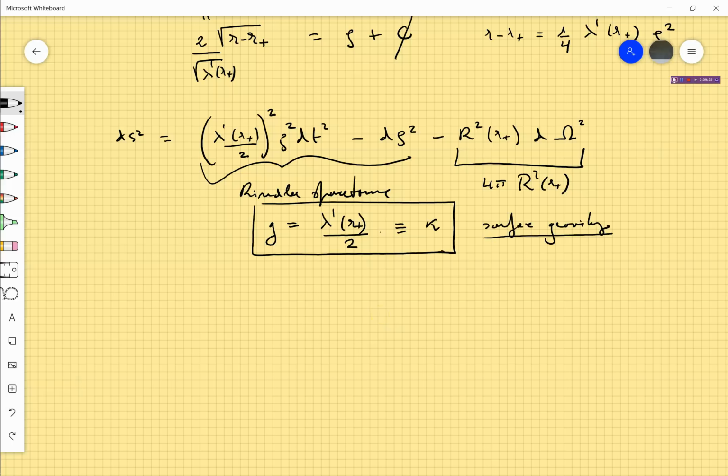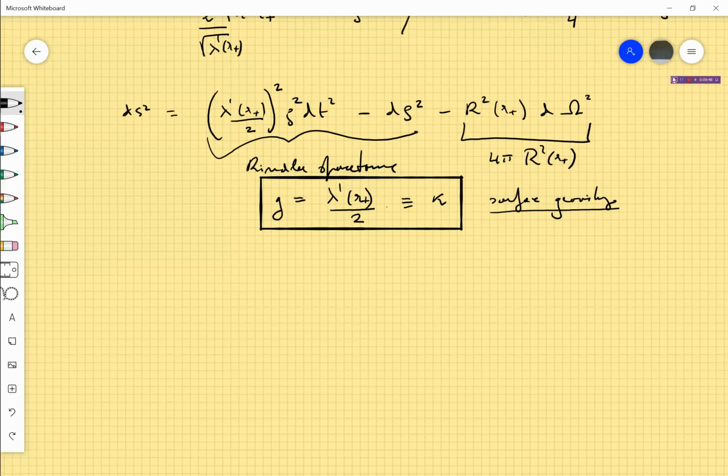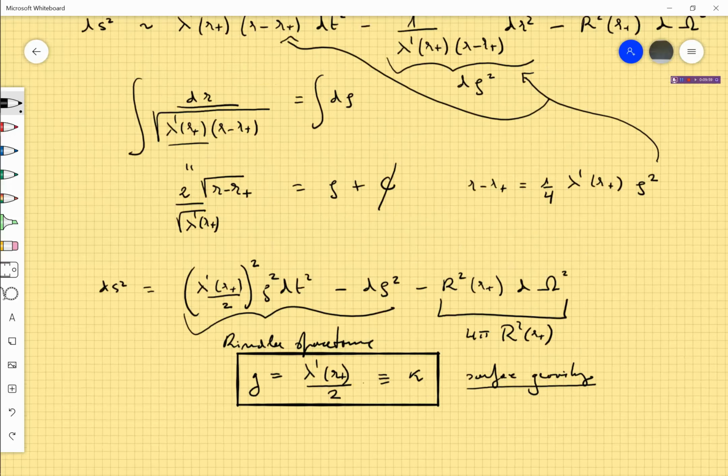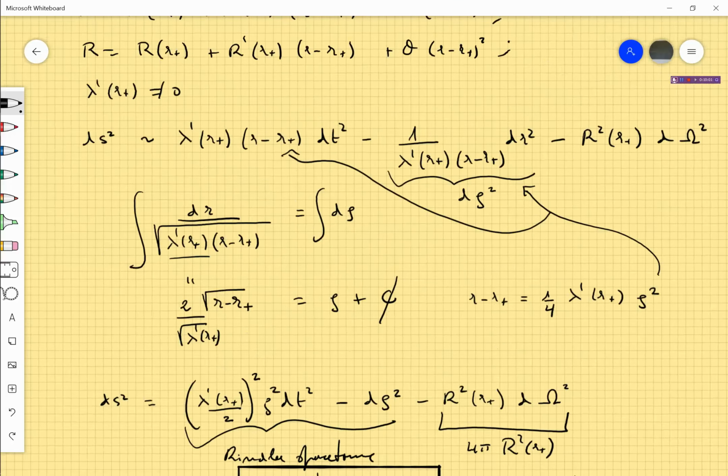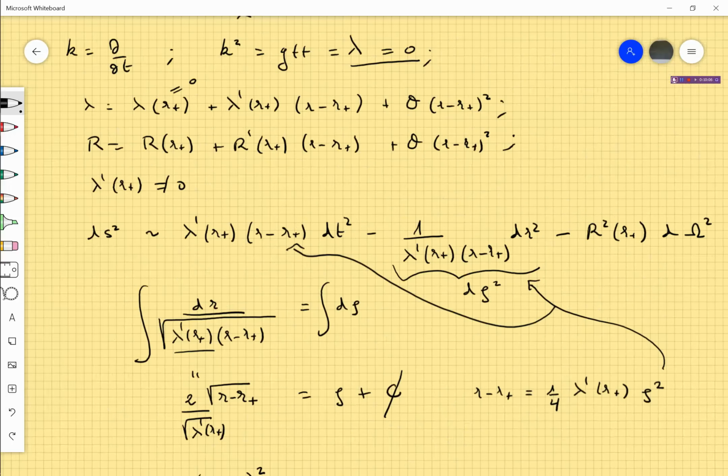Okay, so this is one of the simplest ways to compute the surface gravity if you have the metric of a static black hole as here. Okay, the conclusion is also that the near horizon limit of any non-extremal, okay, has to be non-extremal because the characteristic of extremal black holes was the coincidence of two horizons, or the coincidence of two zeros of the function lambda.